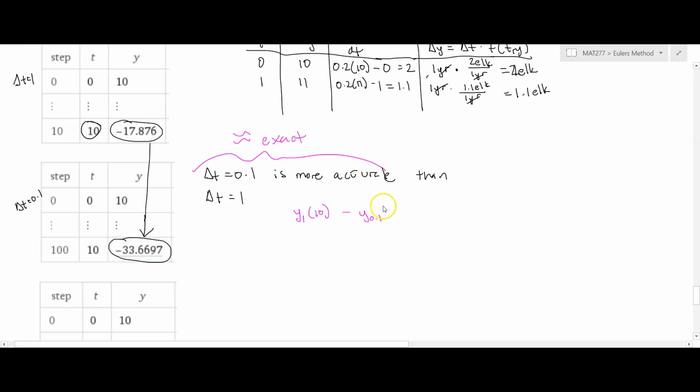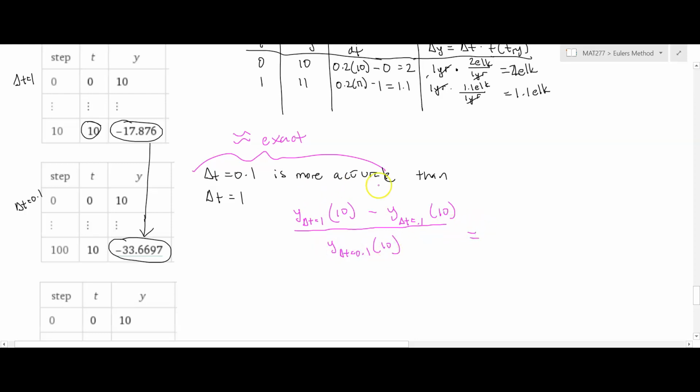Maybe I should be a little bit more cautious here. Let's do delta t equals 1 at time 10 minus the y value for delta t equals 0.1 at time 10, and then divided by the more exact of the two values, which is the y value for delta t equals 0.1 at time 10.